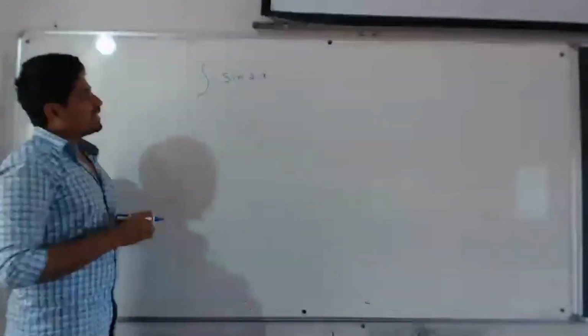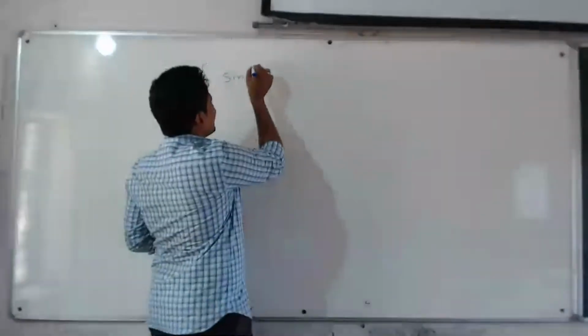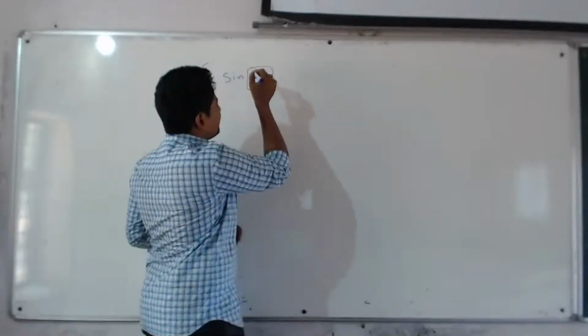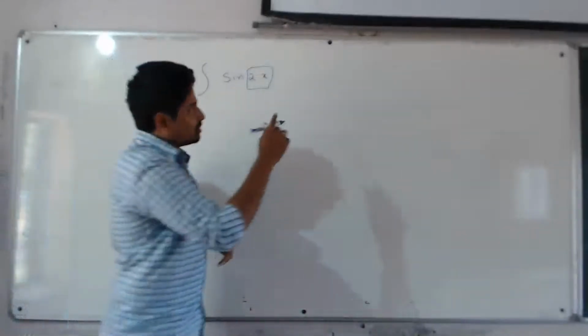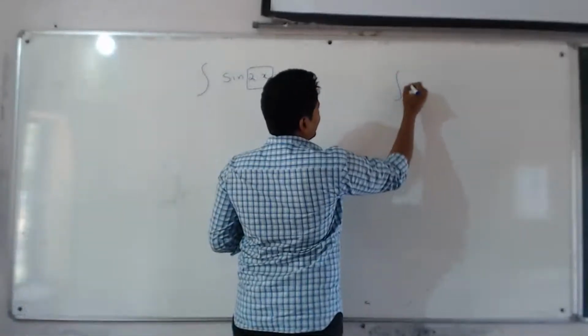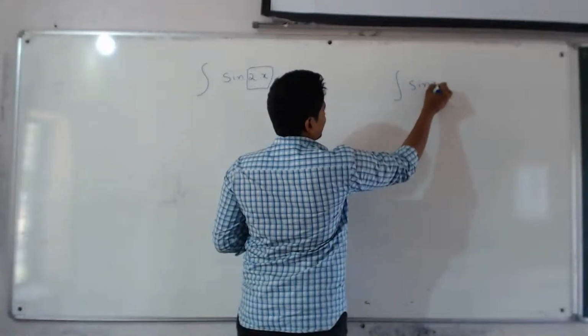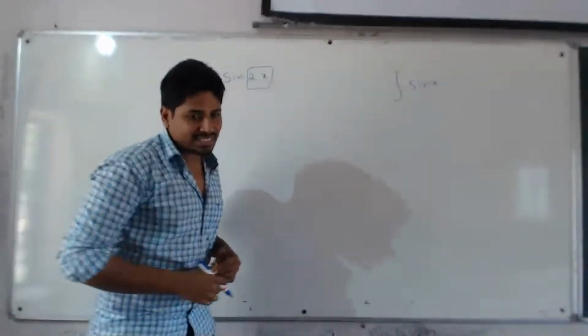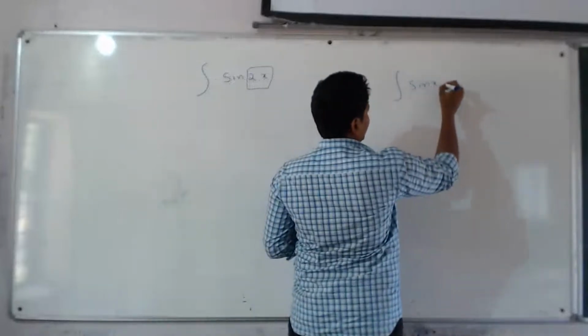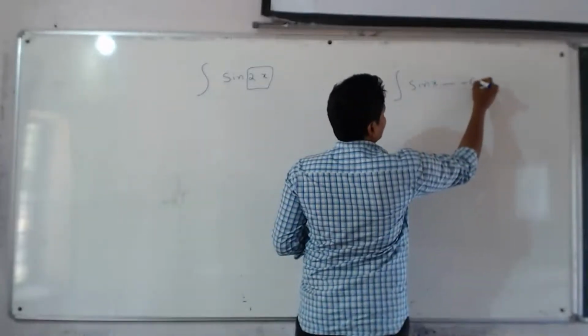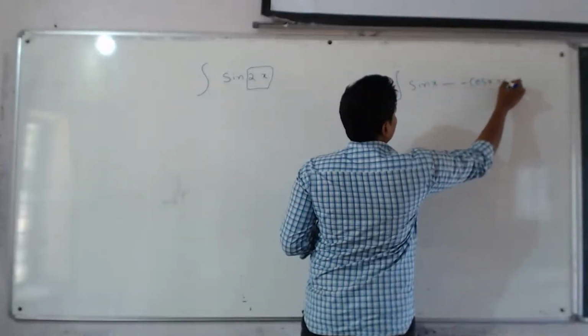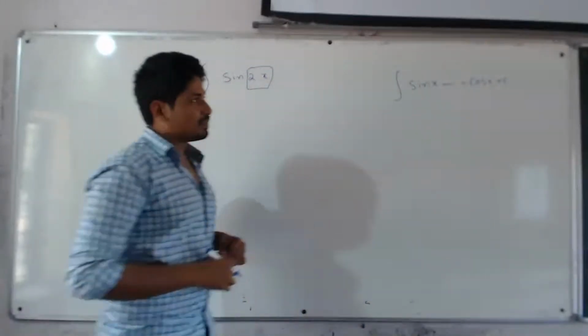What formula do we have to apply here? Consider this as x. If you consider that as x, it will be of the form integral sin x. What is the formula for integral sin x? It is minus cos x plus c.